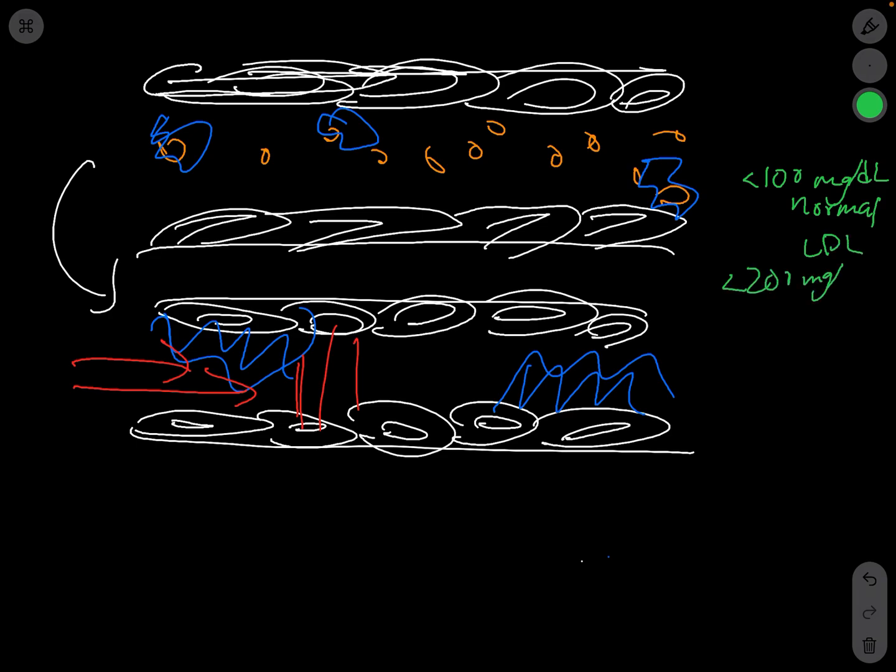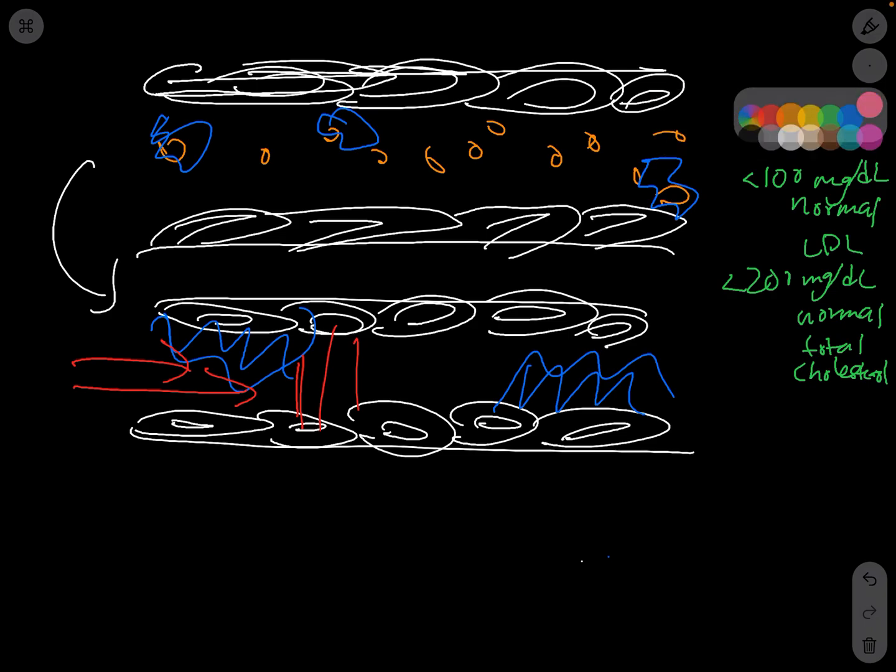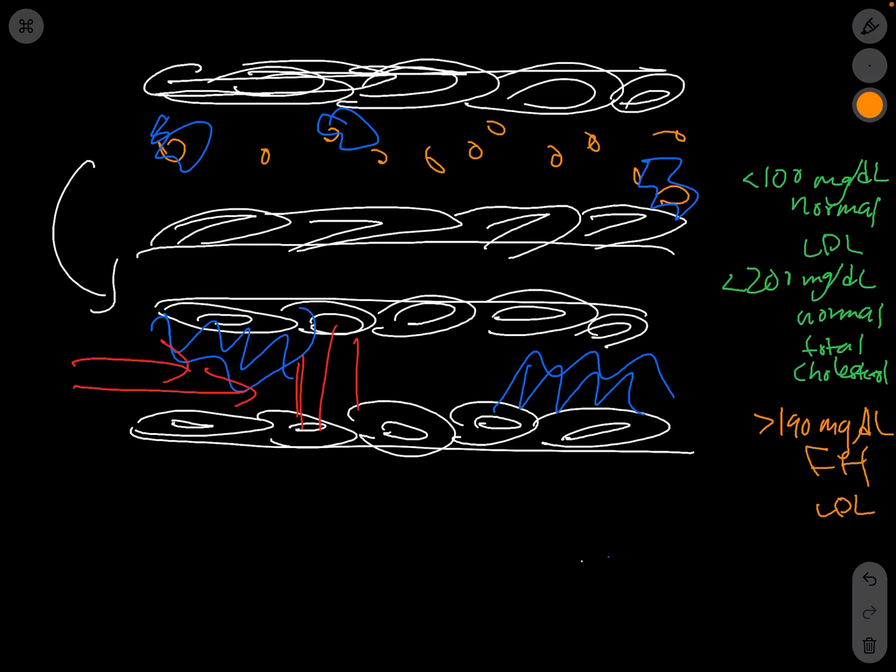In terms of numbers, less than 100 milligrams per deciliter is normal LDL, and less than 200 milligrams per deciliter is normal total cholesterol. But in patients with familial hypercholesterolemia, there's going to be at least 190 milligrams per deciliter of LDL, and at least 300 milligrams per deciliter of total cholesterol.